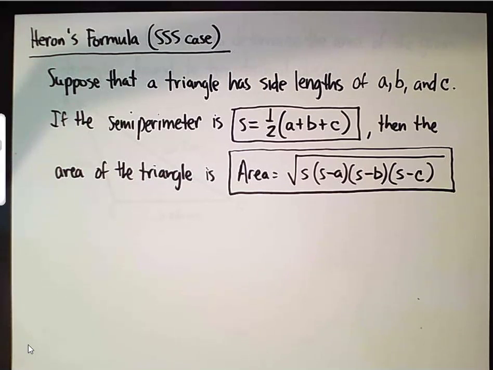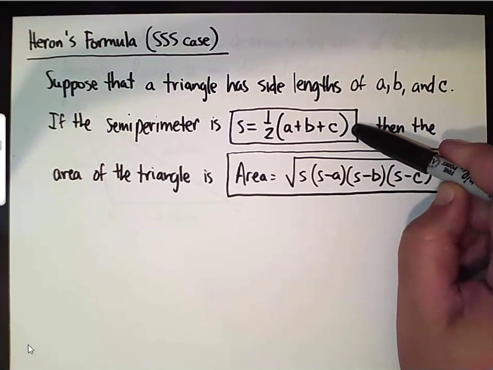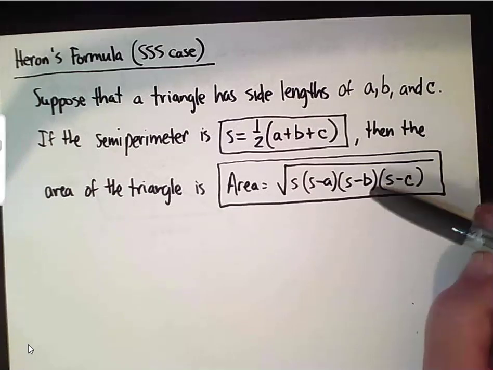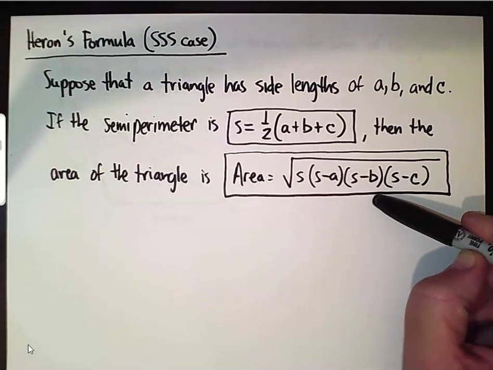So if the semi-perimeter is a half times a plus b plus c, then Heron's formula for the area of the triangle is the square root of the semi-perimeter times the semi-perimeter minus side a times the semi-perimeter minus side b times the semi-perimeter minus side c. They'll give you all three lengths of the sides, and you just plug into this formula to get the semi-perimeter, and then this formula to get the area.